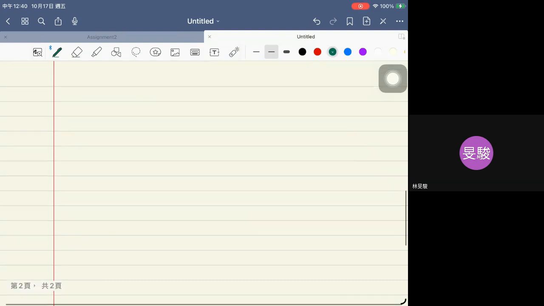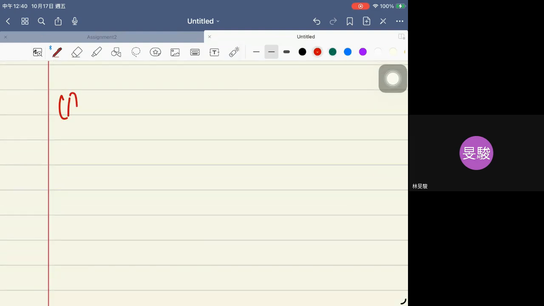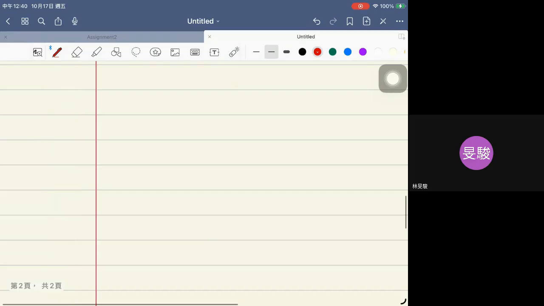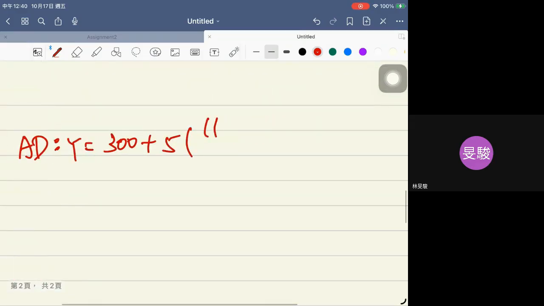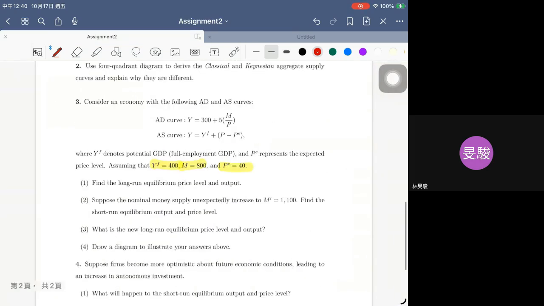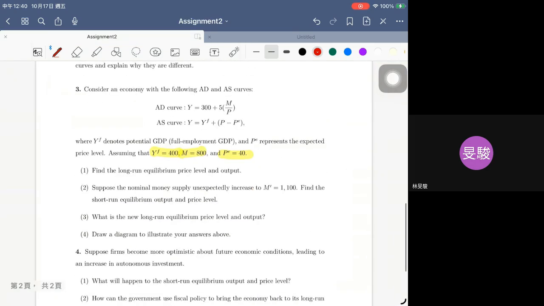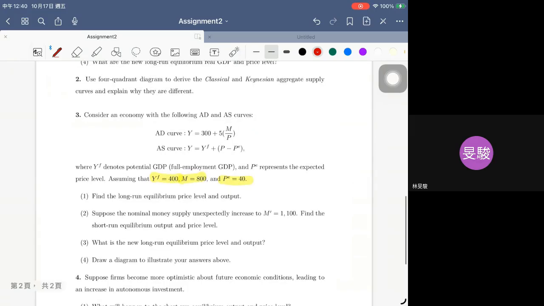Number 1. We repeat the AD: y equals 300 plus 5 times M over P, with the money supply M of 800.